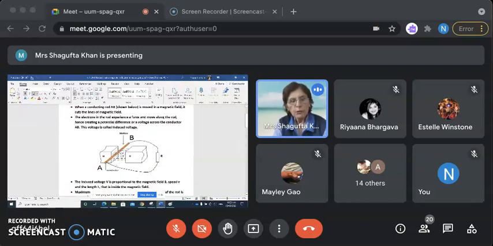Now, to find the direction of the induced voltage or induced current, we again use the right hand. We call it the generator rule. We will be using the thumb and the fingers of your right hands. If you could extend your right hand according to the diagram.